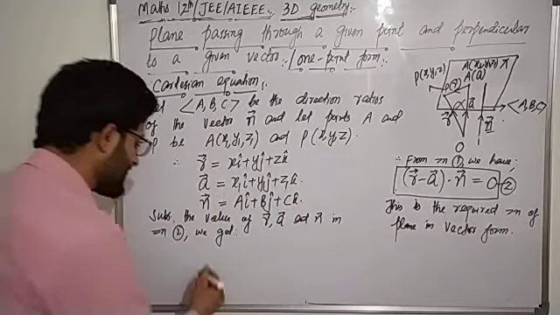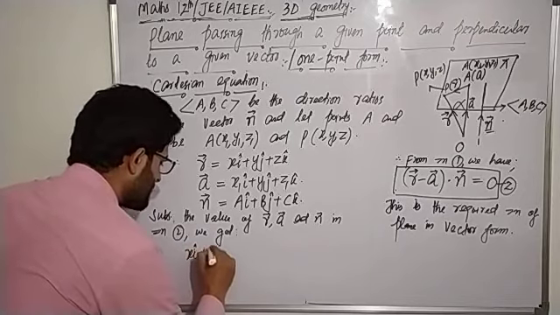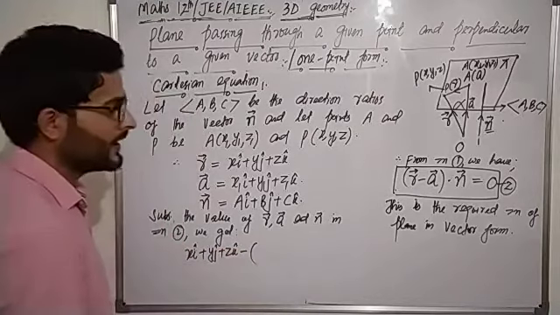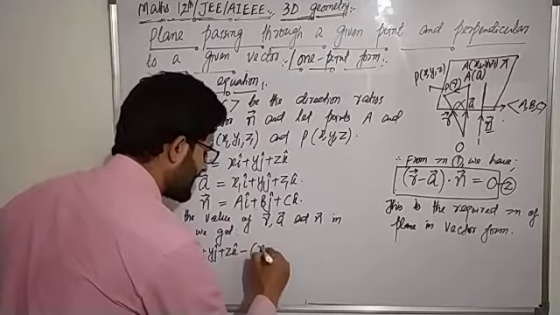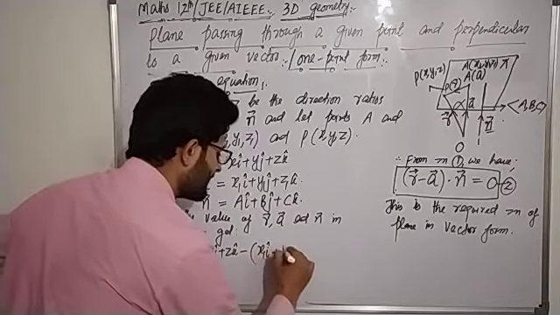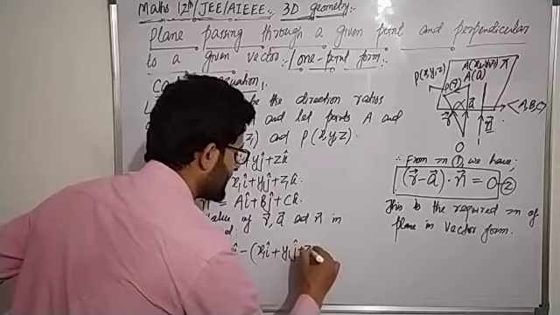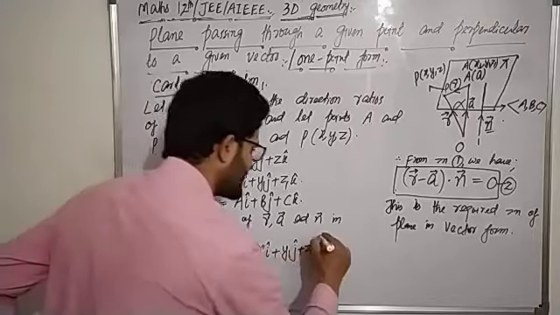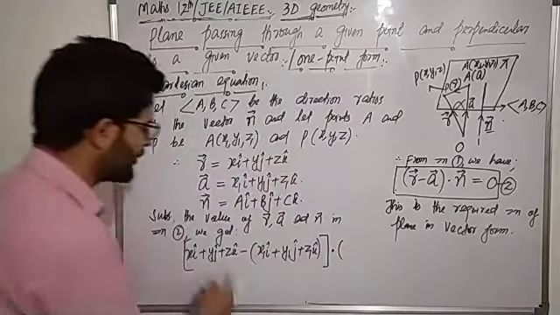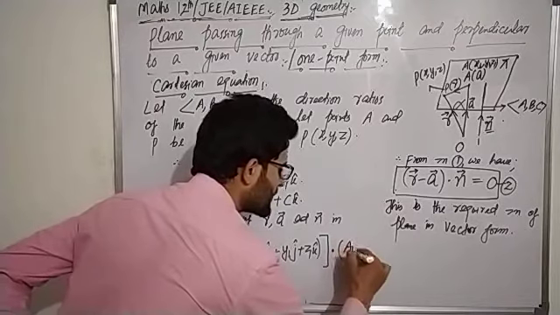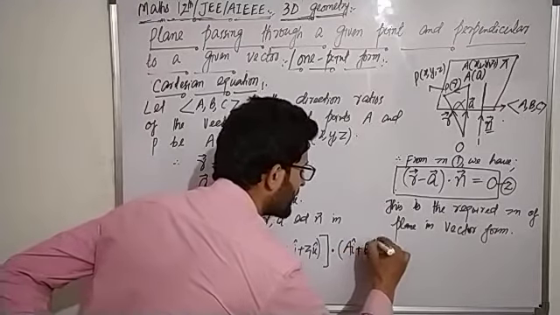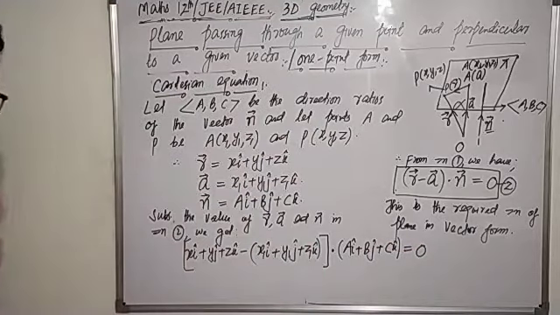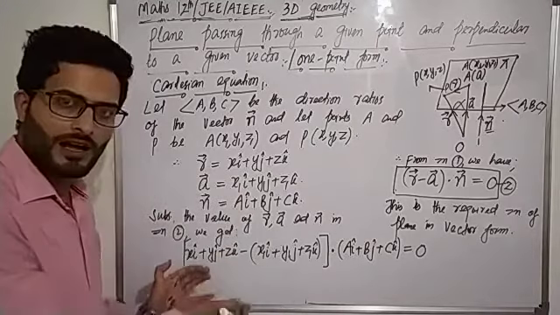Put the value of r vector, that's xi plus yj plus zk, minus a vector, put the value of a vector, that's x1i plus y1j प्लस z1k, राइट। और इसको होल डॉट करना है किसके साथ, n वेक्टर के साथ। तो डॉट n वेक्टर का अपना वैल्यू पुट कर दो, दैट्स ai प्लस bj प्लस ck एंड दैट इज इक्वल टू 0, राइट। First we have to compute this thing which is within the square braces.